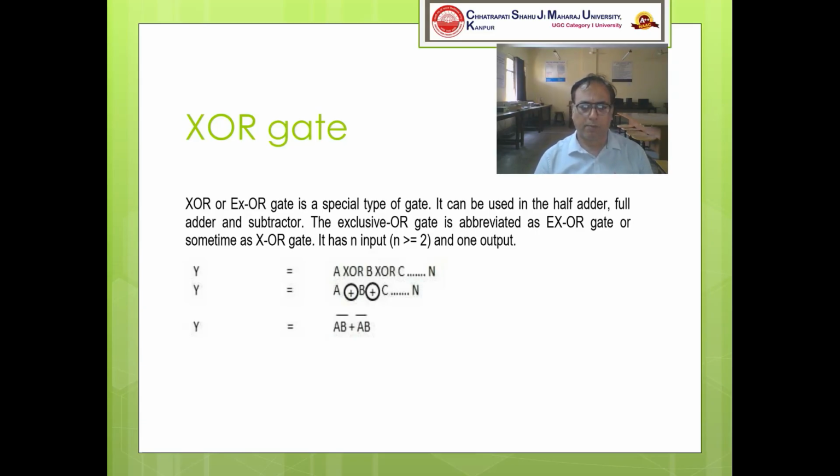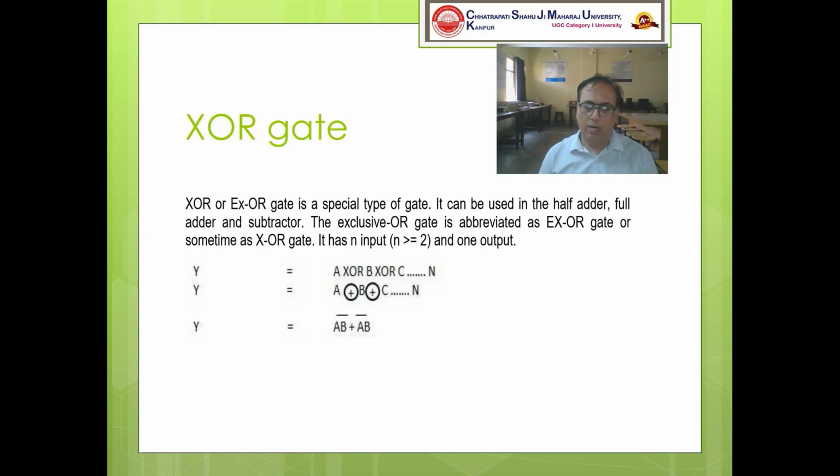It is written as A XOR B, XOR C, till N. The symbol of XOR is a plus inside a circle, or you can say an encircled plus.